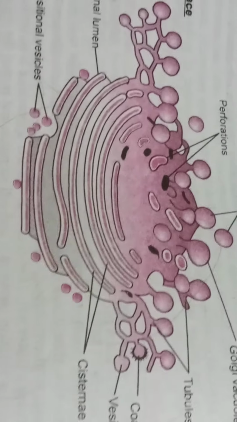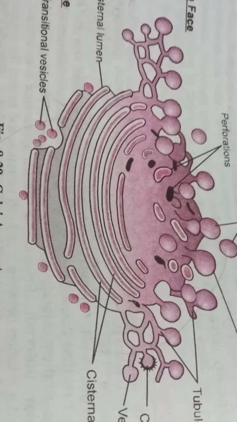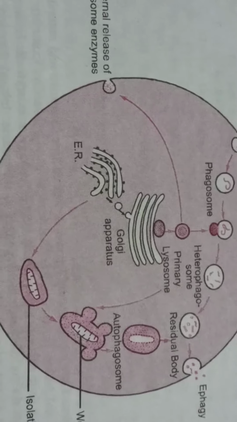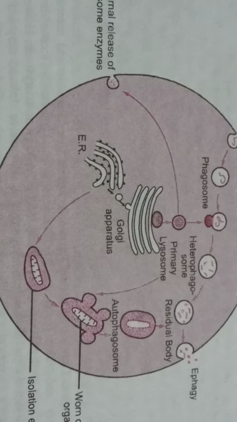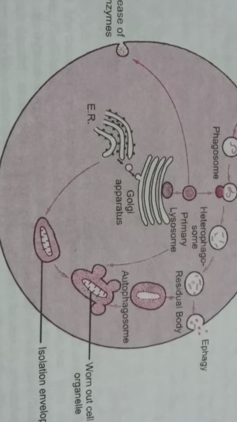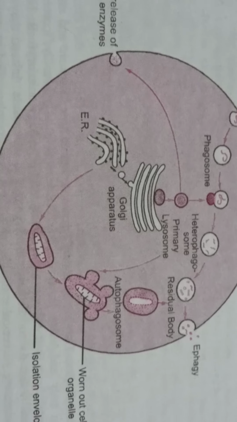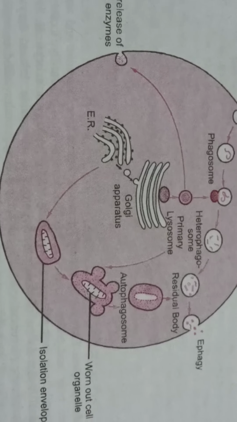Okay, then we come to the third endomembrane system, that is the lysosome. When we are talking about lysosome, a term comes, that is the suicide bag. The lysosome was first of all discovered by Christian de Duve, but the name was assigned by Novikov.